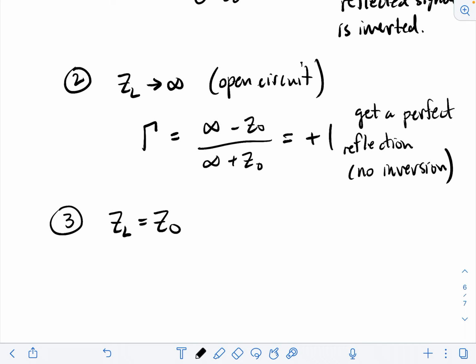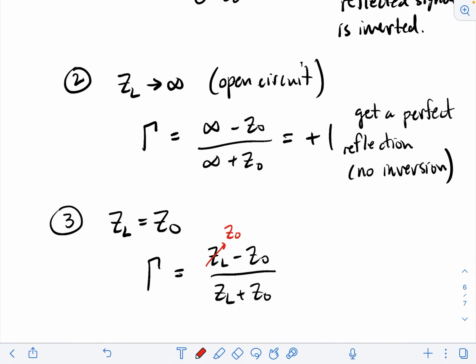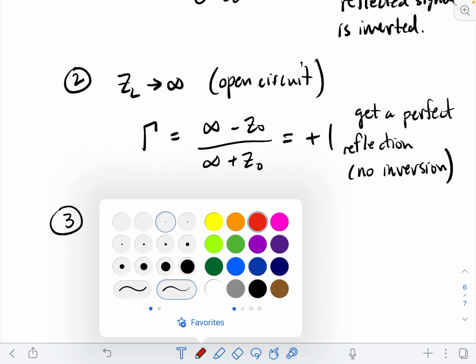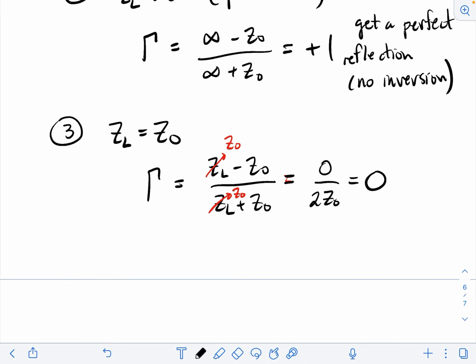Well, gamma is ZL minus Z naught divided by ZL plus Z naught. But we're looking at the special case where ZL goes to Z naught. And so this is equal to Z naught minus Z naught, which is 0, over 2 Z naught, which is just 0. And so the reflection coefficient is 0. You get no reflection.